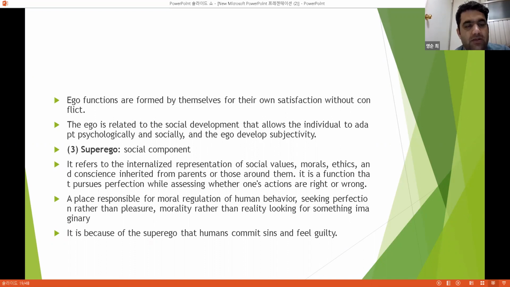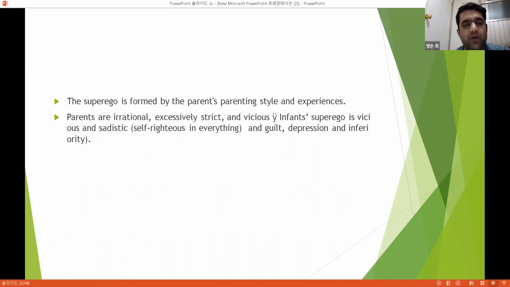And also a place responsible for moral regulation of human behavior, seeking perfection rather than pleasure, morality, rather than the reality of looking for something which is imaginary. It is because of the superego that humans commit sin and feel guilty.